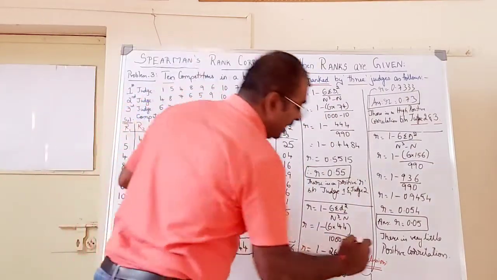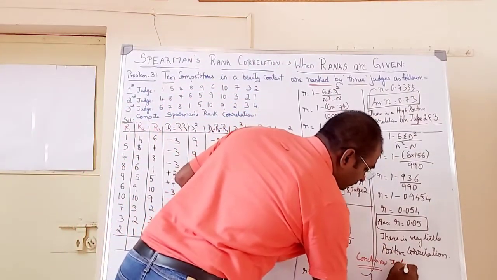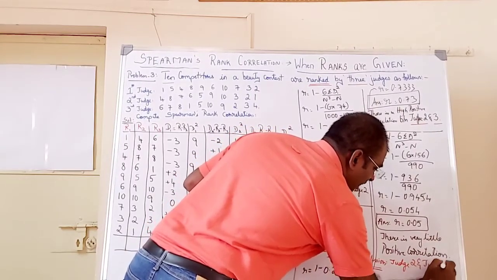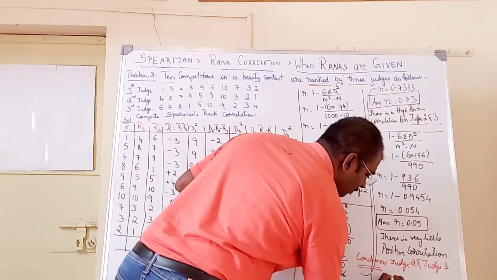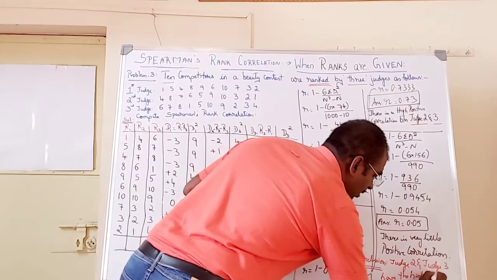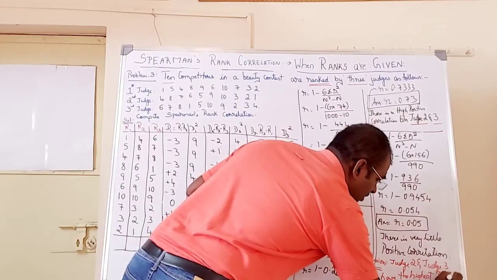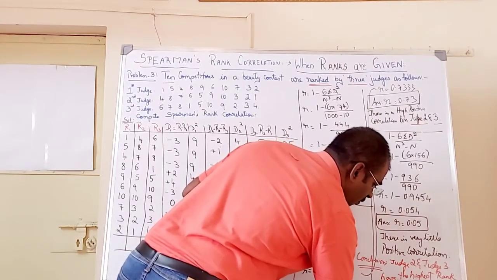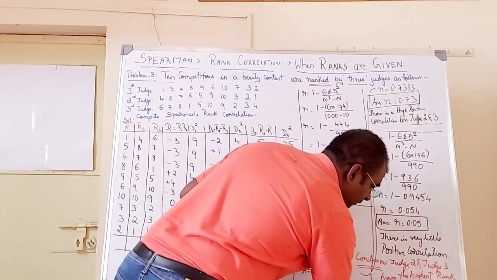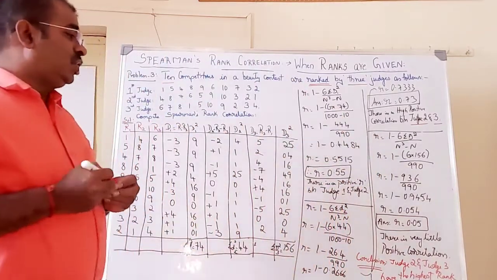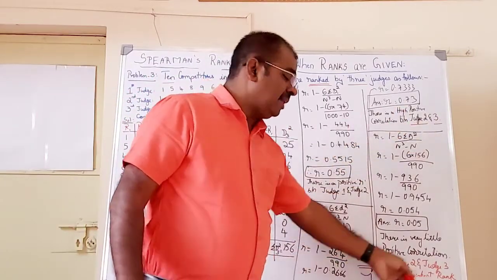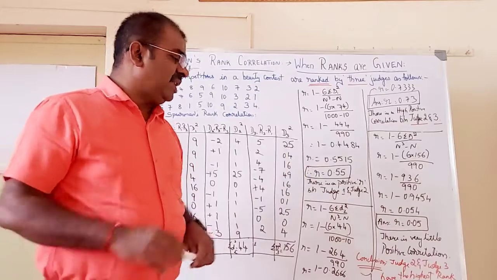Therefore, our final conclusion is that judge 2 and judge 3 have the highest rank correlation among all these three judges.